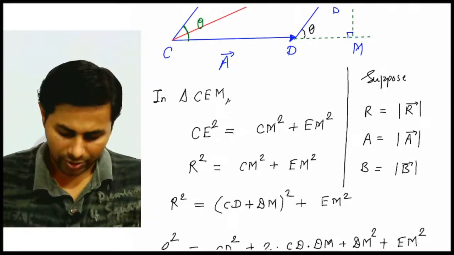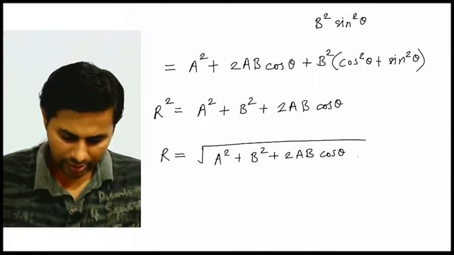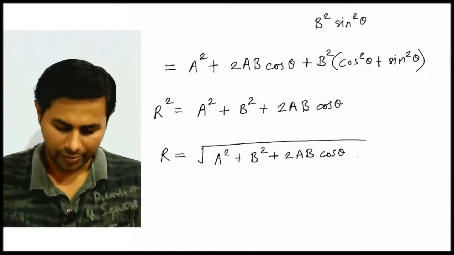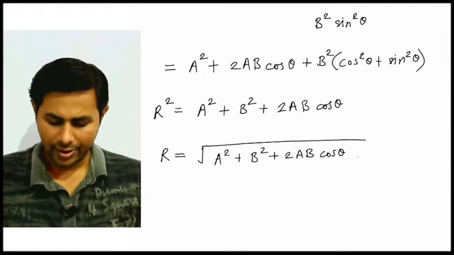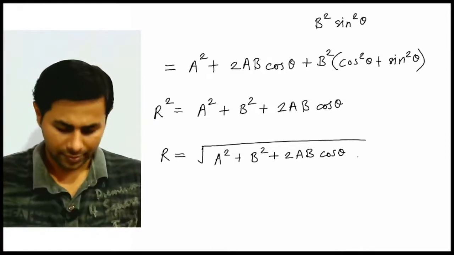Okay, so what we got is the formula for magnitude of the resultant in terms of magnitudes of the two vectors that we are adding and the angle between those two vectors.